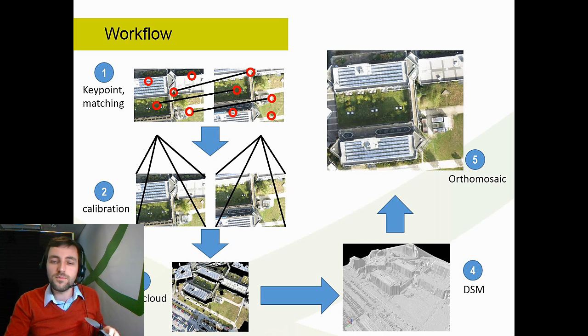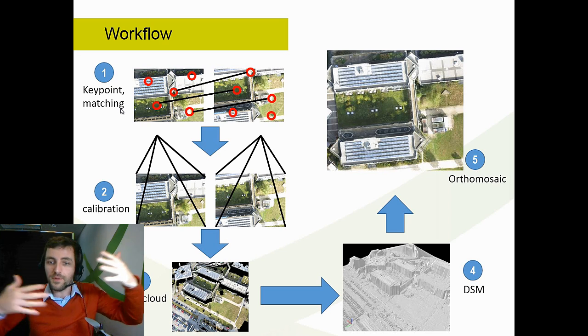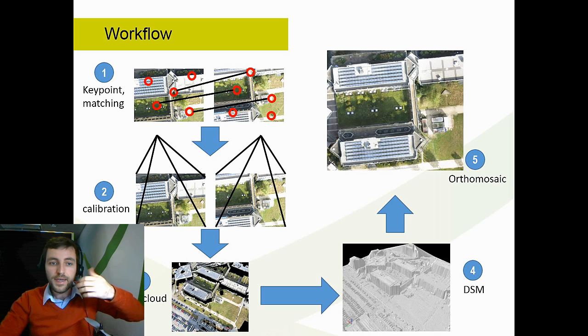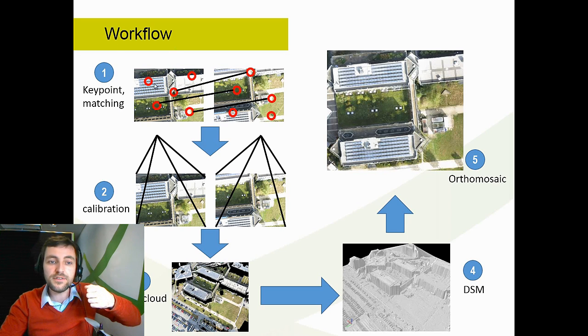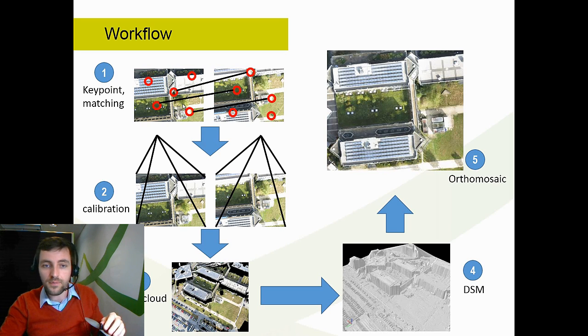So now that's a more graphic view of what I just said. So in chronological order, you have all your imagery, hundreds of images. In each image, you will find interesting areas, something we call key points. Usually you will find 10,000 of them for each image. So this is what the software is doing automatically.